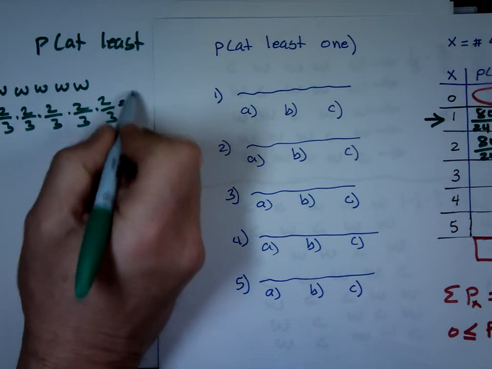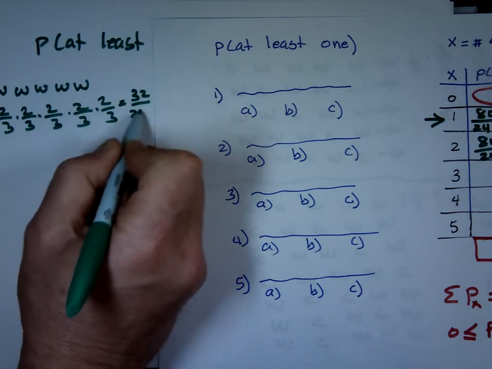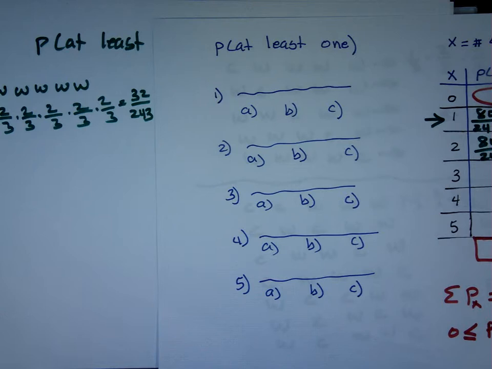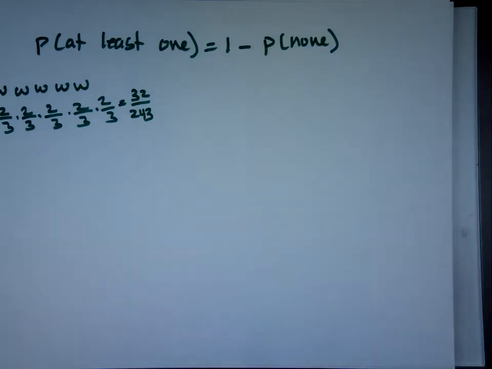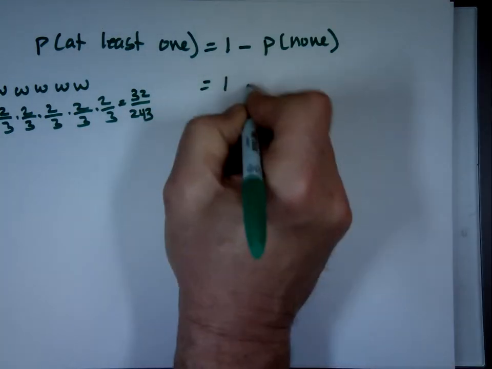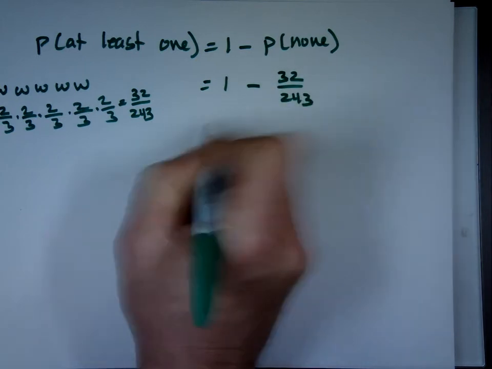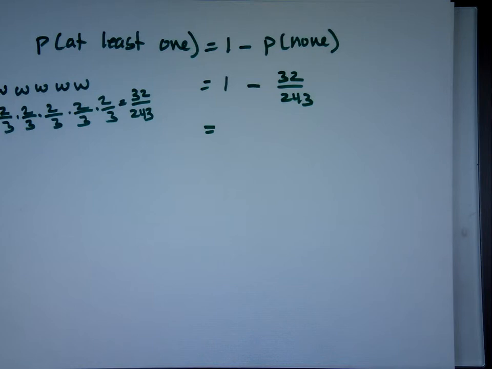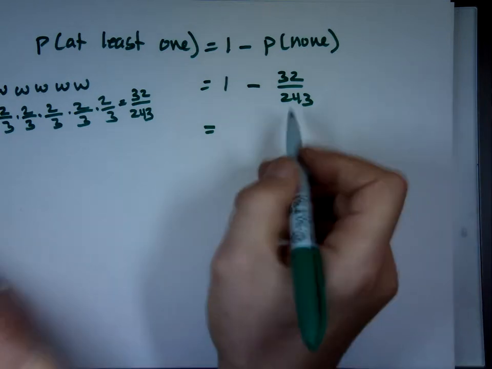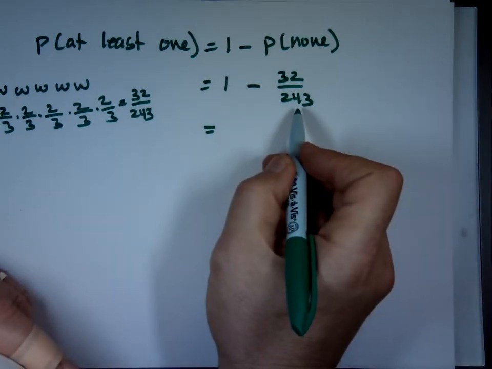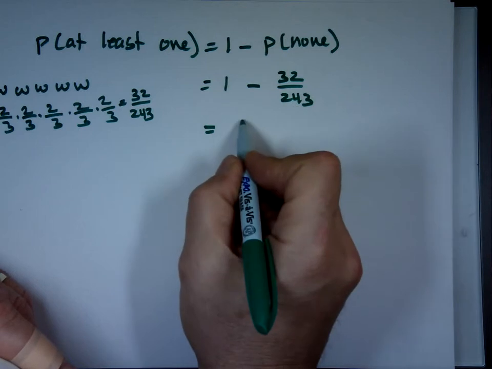Is that 32 over 243? So that would be 1 minus 32 over 243. What's your chance of getting at least 1 correct answer on this quiz? 243 minus 32. What's that? 211 is it?